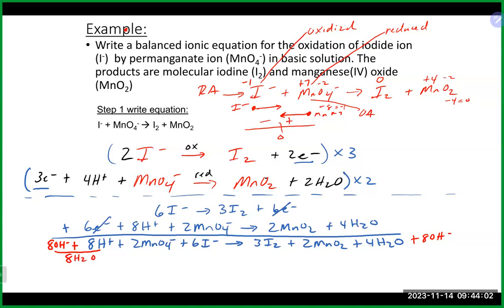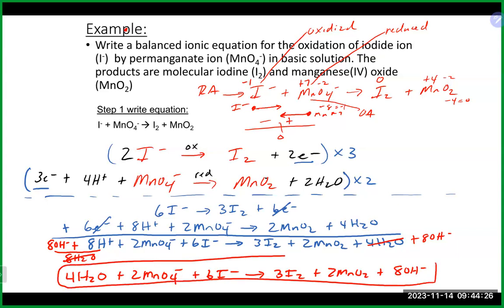And I can reduce down the waters in this case, as there's 4 on the right-hand side. So that's going to give me a net of 4 waters on the left, plus 2 MnO4 minus, plus 6 iodide, goes to 3I2 plus 2 MnO2, and 8 OH minuses there.